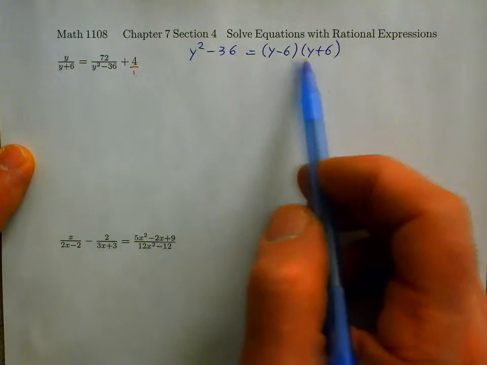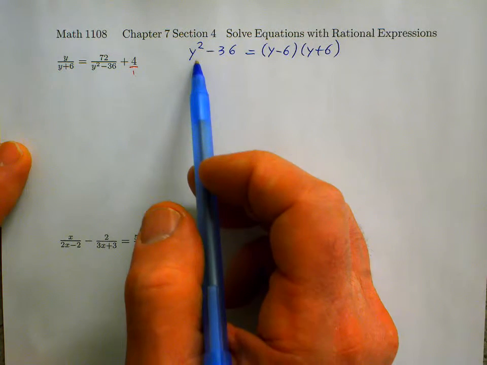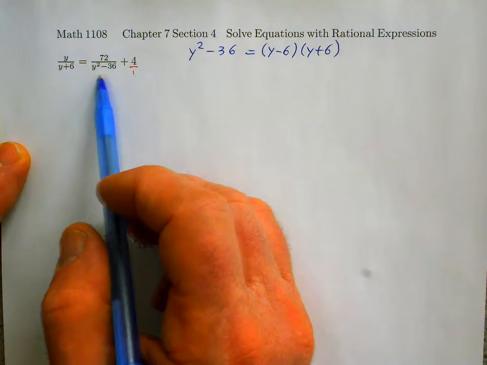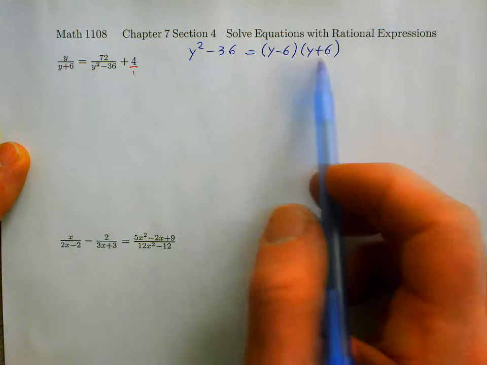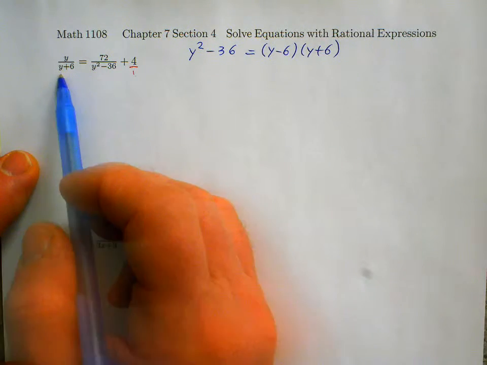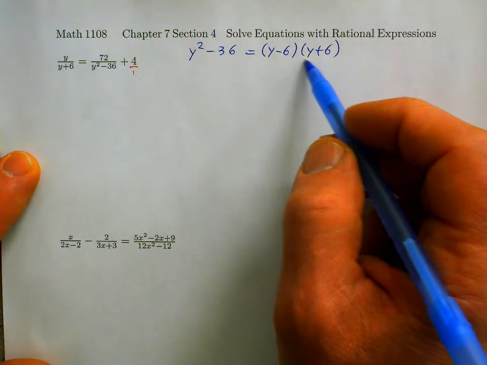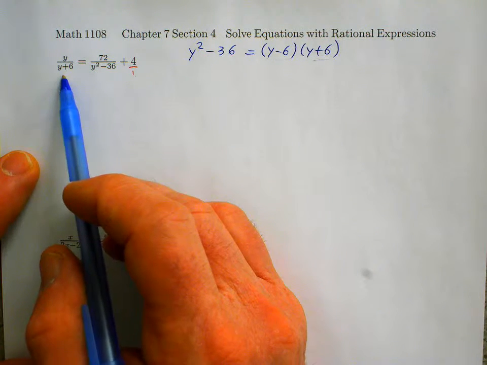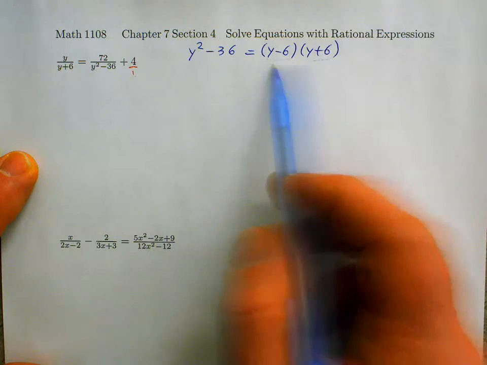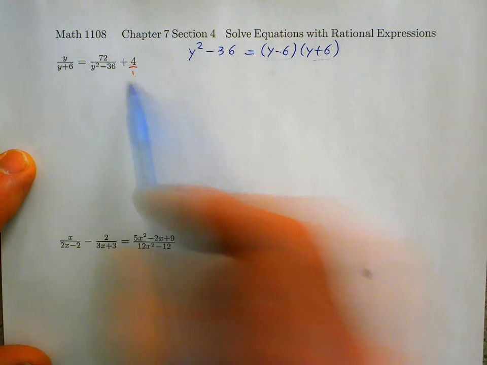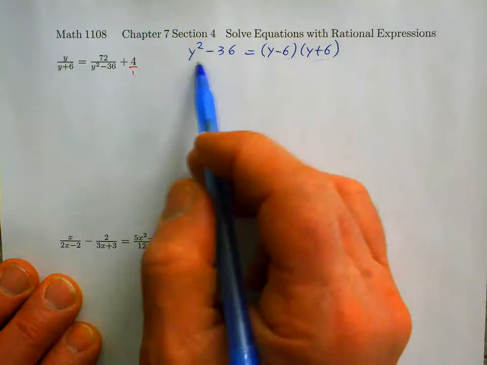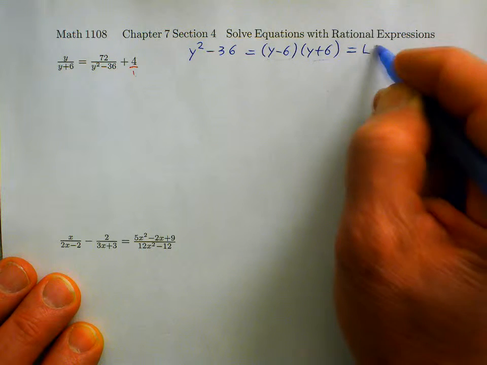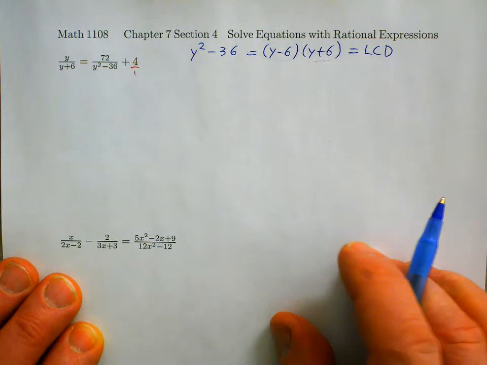So y minus 6 times y plus 6 is a multiple of itself because it's y squared minus 36. And then y minus 6 times y plus 6 is a multiple of y plus 6, and it's also a multiple of 1. So this is the least common denominator, the least common multiple of the denominators.